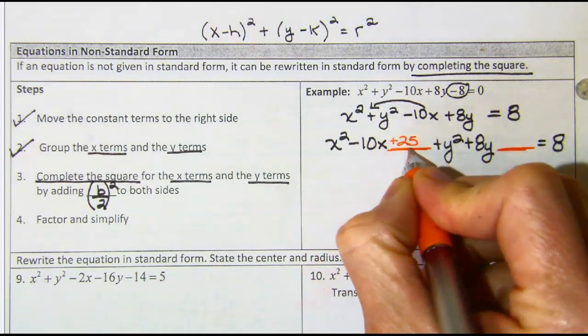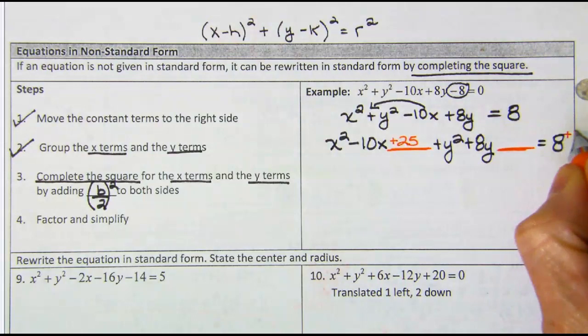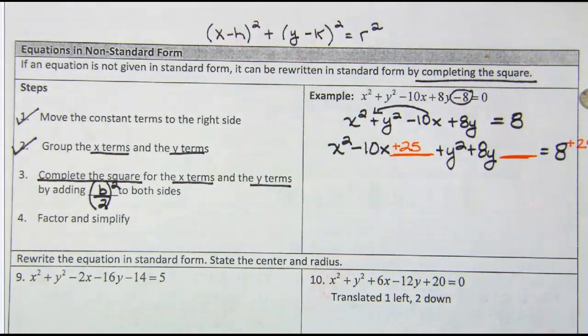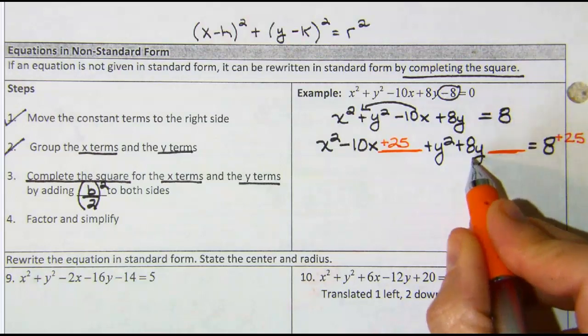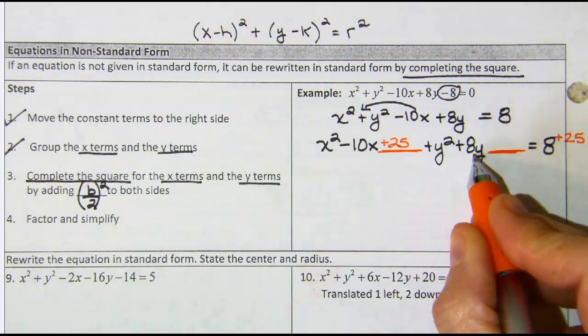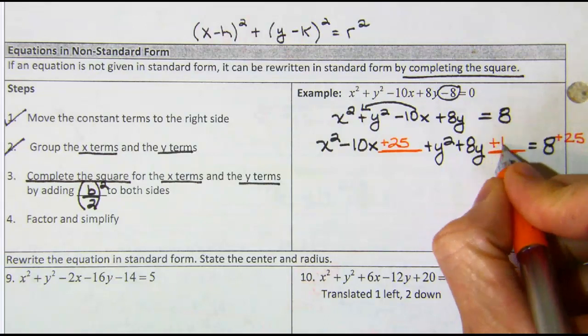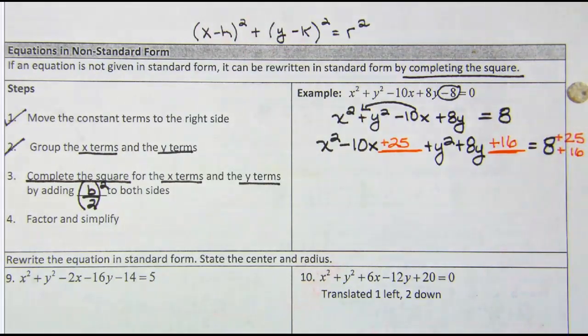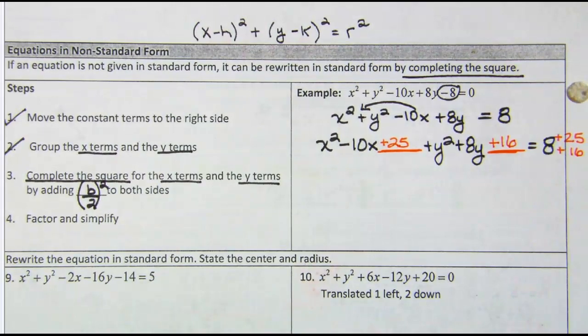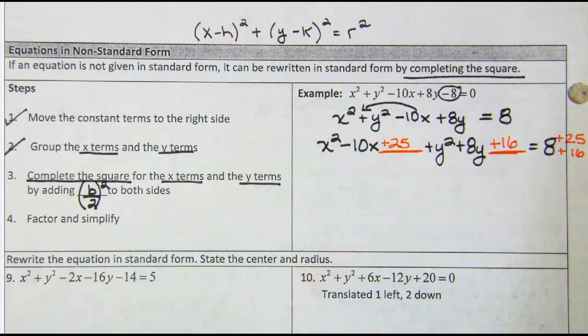But if I do it to this side, I must do it to this side. Now I have to do that for y. Half of 8 is 4. 4 squared is 16. If I add 16 to this side, I must add 16 to this side. Now, that is the complete the square part.